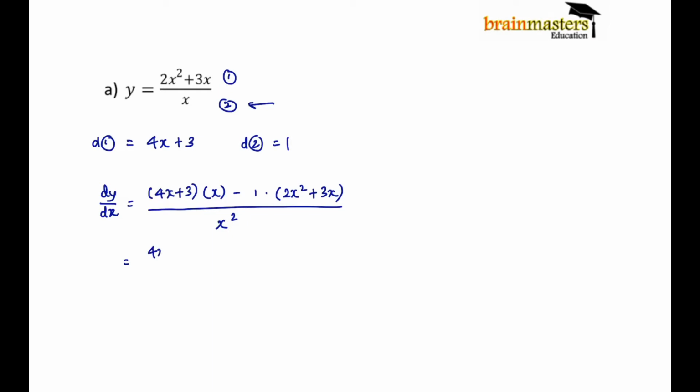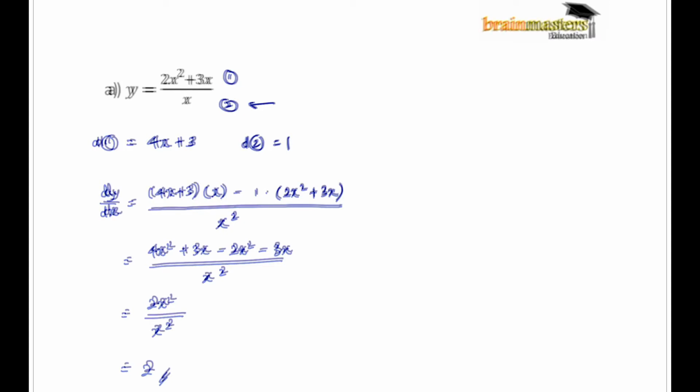So I have 4x squared plus 3x minus 2x squared minus 3x over x squared. So my x squared will have 4x squared minus 2x squared give me 2x squared and no more x cubed. Simplify further, that will give me 2 as the answer. So using the quotient rule, this is what you will have for your answer.